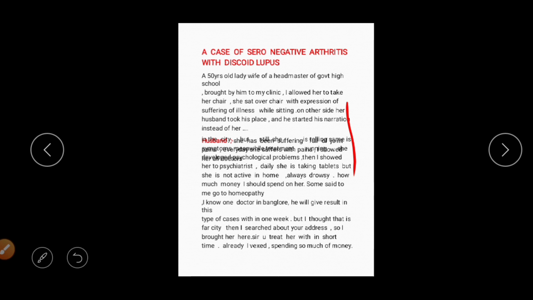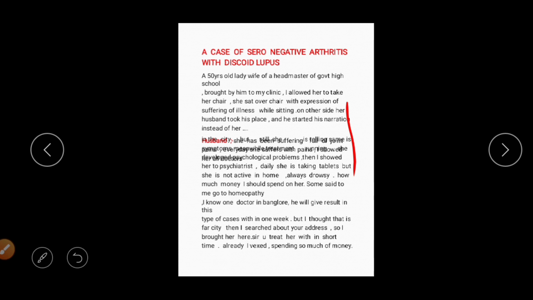I just put the whole conversation between me and the patient, how the patient arrived at the clinic and how she behaved in front of me in the clinical chamber. The entire behavior, the narration, I put in some of the pages. You just read and follow the conversation between me and the patient.